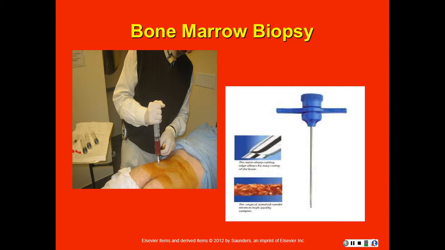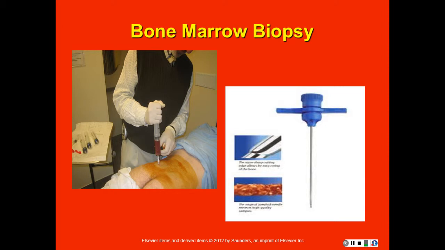Okay. So, when we're talking to our patients about this procedure, they need to understand that it's relatively quick, but they do have some sensation. They will feel pressure in their hip, or the sternum, as the physician is trying to get the needle into the bone, because you have to go through the hard outer plate of the bone and into the marrow.